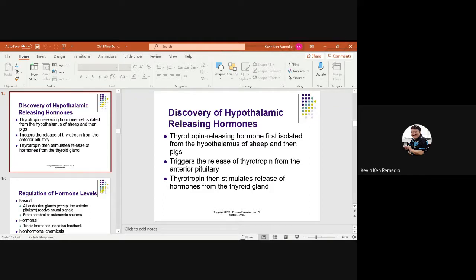Okay? Thyrotropin stimulates the release of the hormones from the thyroid gland. Thyrotropin originated from the hypothalamus. So they realized nga it's not only the pituitary gland that releases hormones, si hypothalamus nag-release pod of hormones. And one of those is thyrotropin. Okay?